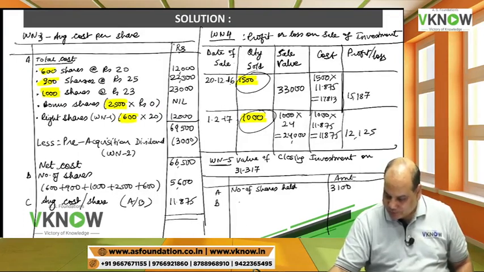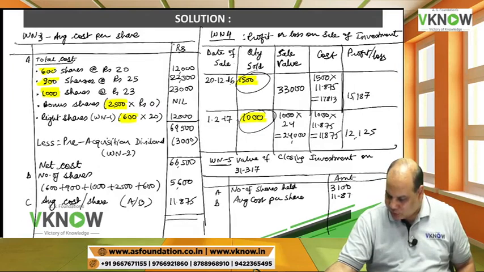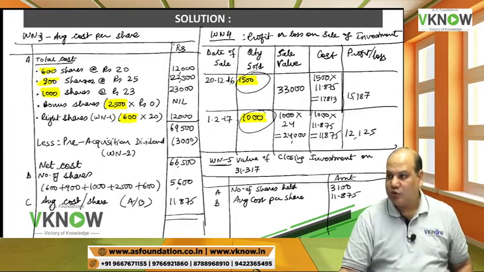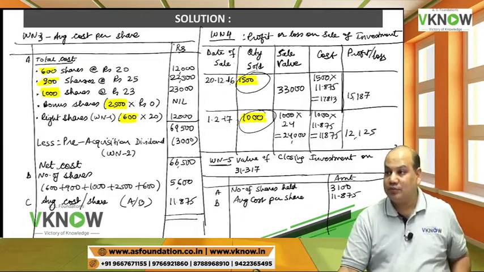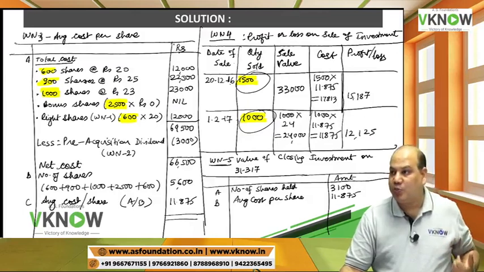Point B, average cost per share. Average cost will not change because of sale. Cost per share will change only when you make new purchases.